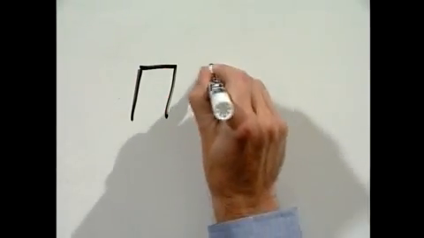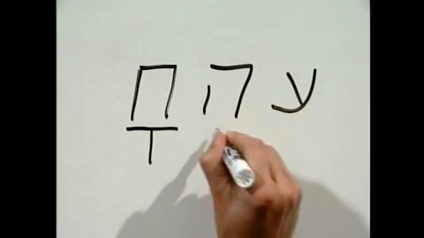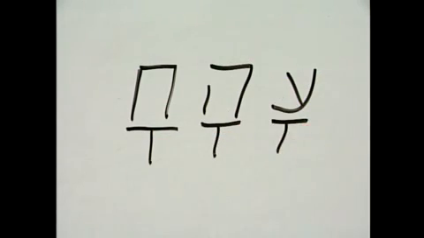Okay, the next situation is when you have certain gutturals. The gutturals we're going to be looking at here are chet, hey, and ayin. These three gutturals, and not just these three, but they have to have a long kametz under them.